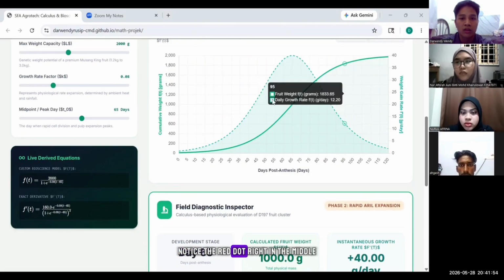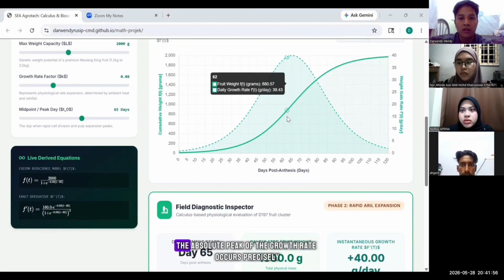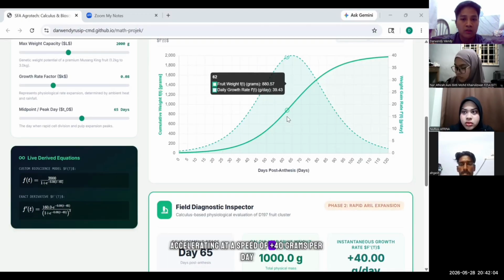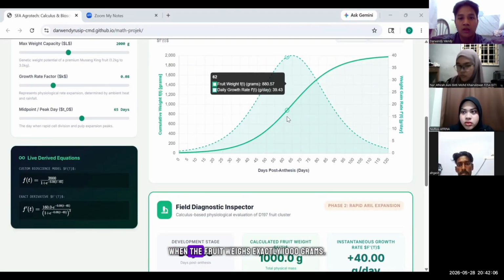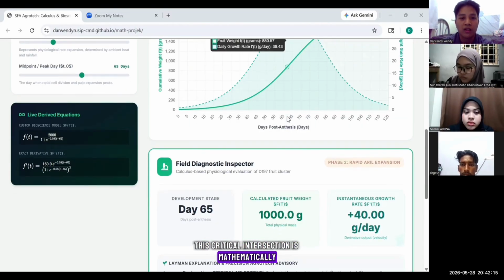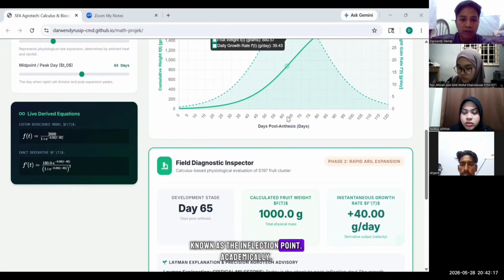Notice the red dot right in the middle. The absolute peak of the growth rate occurs precisely on day 65, accelerating at a speed of plus 40 grams per day when the fruit weight is exactly 100 grams. This critical intersection of mathematical growth is known as the inflection point.